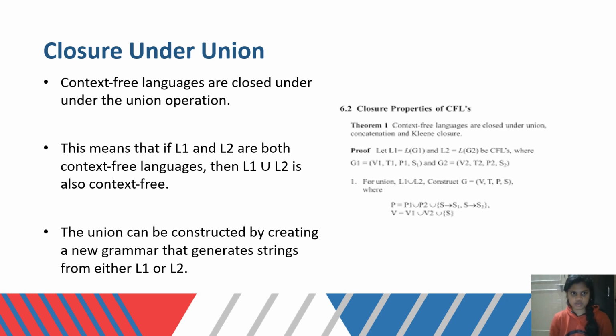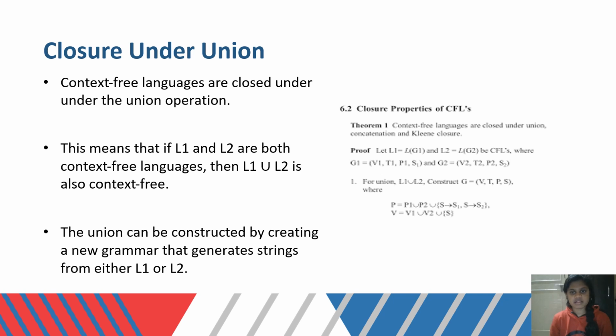Closure under union. Context-free languages are closed under the union operation. As we know, it's similar to the mathematical union, where we can refer to two languages as L1 and L2. Let us see the example.